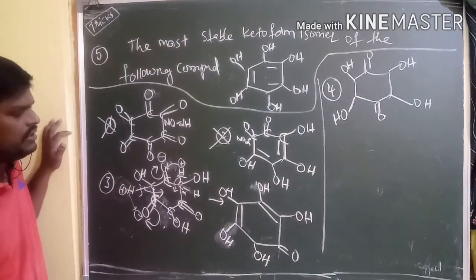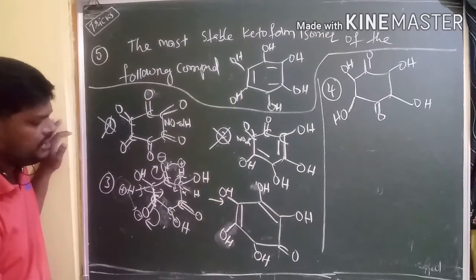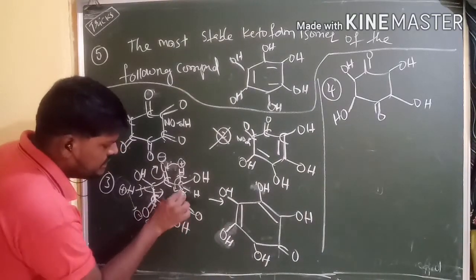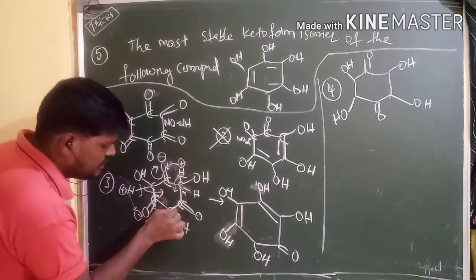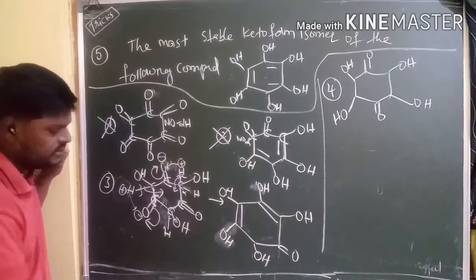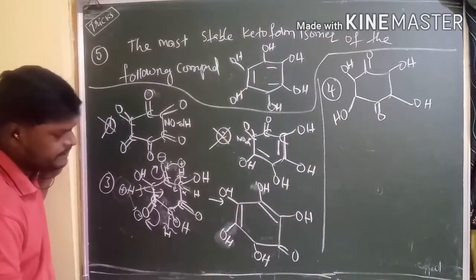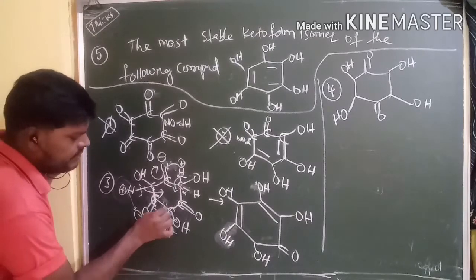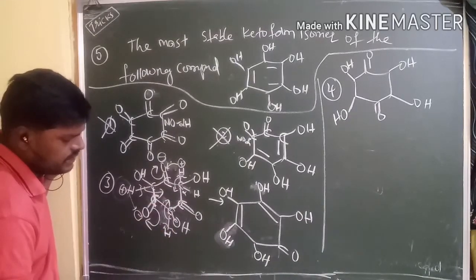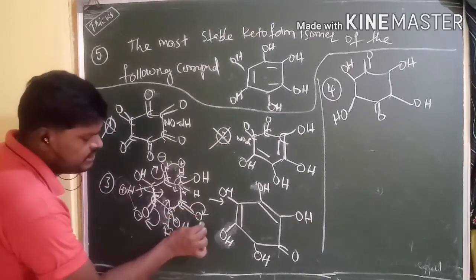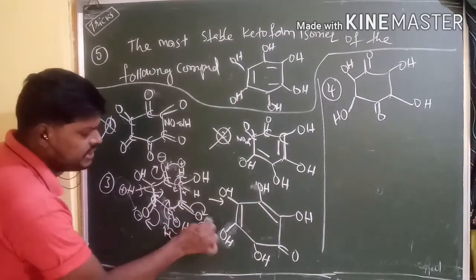So this is the second keto form, and coming to the third keto here. Here also the third keto is attached to this carbon and also this carbon. Two carbons are saturated. I want to use this carbon's alpha hydrogen. Here also the same bond breaks, and immediately this bond rotates between these two carbons, and this bond rotates towards oxygen, and immediately rotates towards here, sir, because oxygen gets a negative charge here.